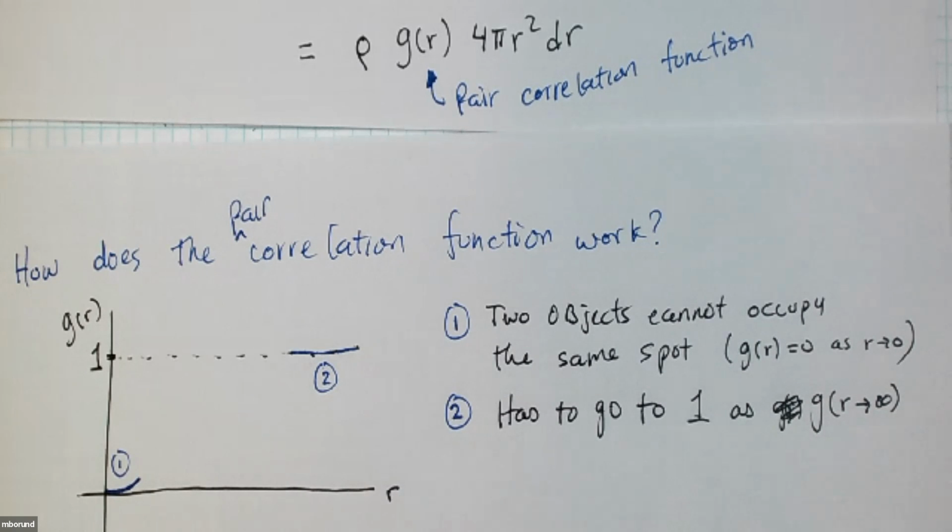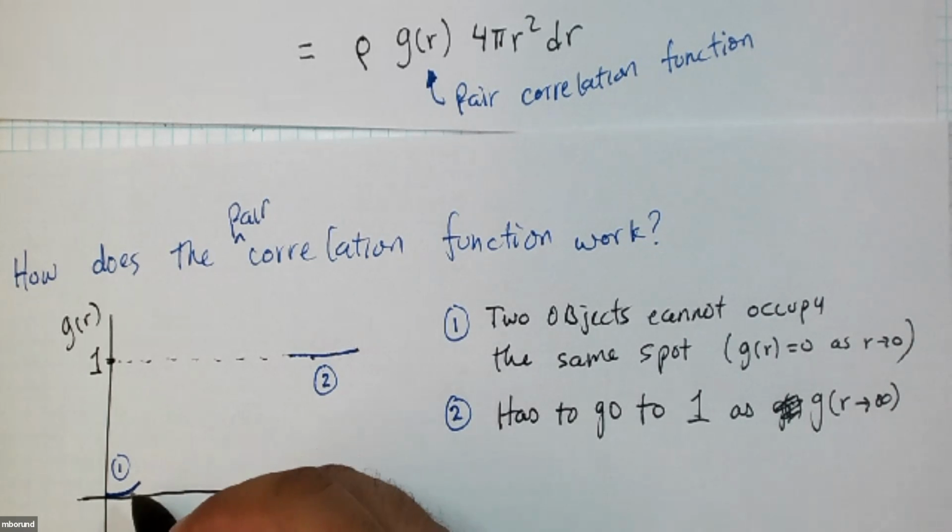Remember, we're asking how many pairs of particles are separated by a distance r. And you just start picking r's that are big, and there's always going to be a particle a distance r away from it, on average. So now the question becomes, what happens here in the middle?